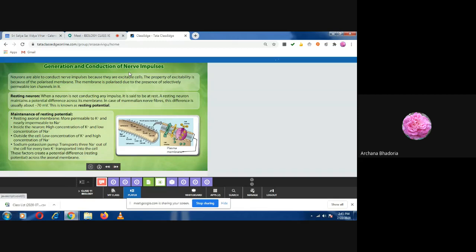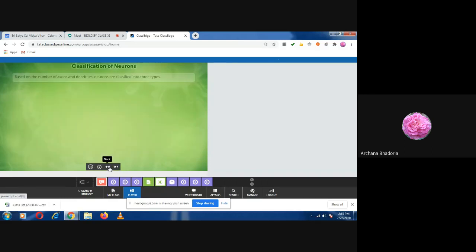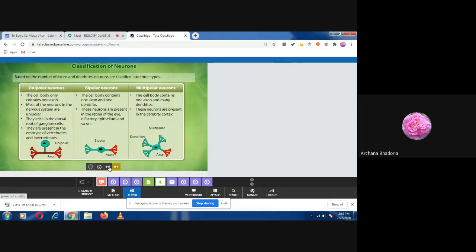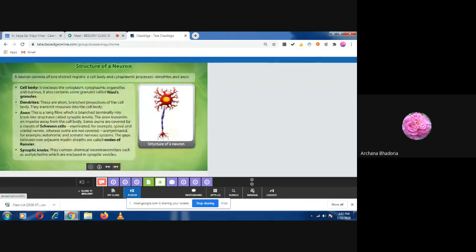Last year you studied how the nerve impulse is conducted across the synapse, from one nerve cell to the other. Now I'll take up the diagram. Can you see my cursor, children?